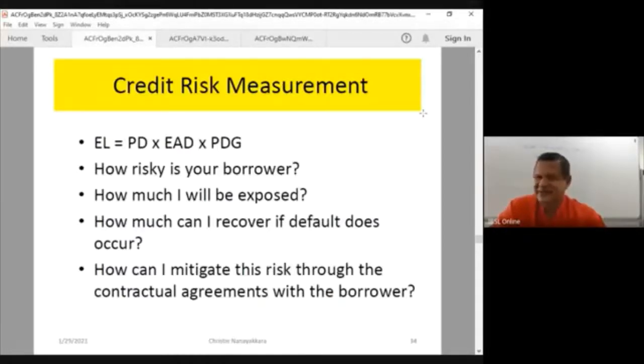With these precautions, we call it risk mitigation factors. So risk mitigation can be done only if you know how much you are going to lose.